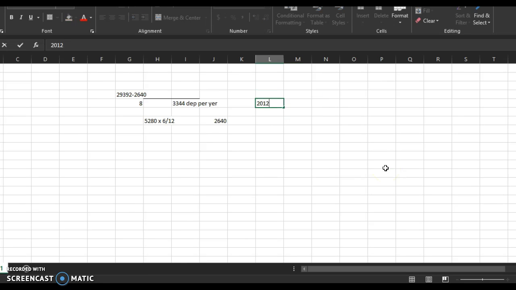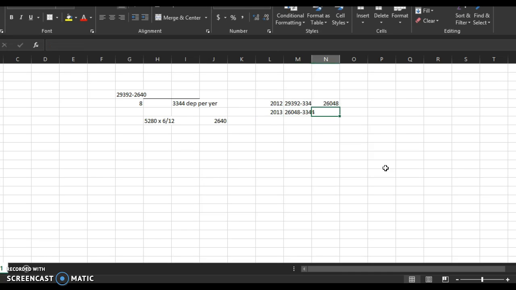So in 2012, we're going to take the initial value of the truck minus the $33.44, which would give us a total of $26,048. And then in 2013, we're going to take $26,048 and minus the $33.44.